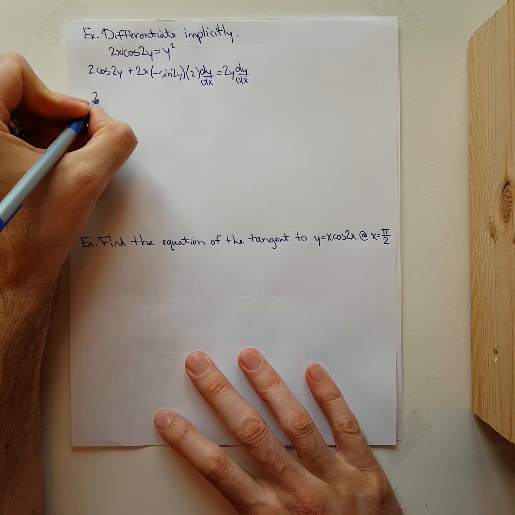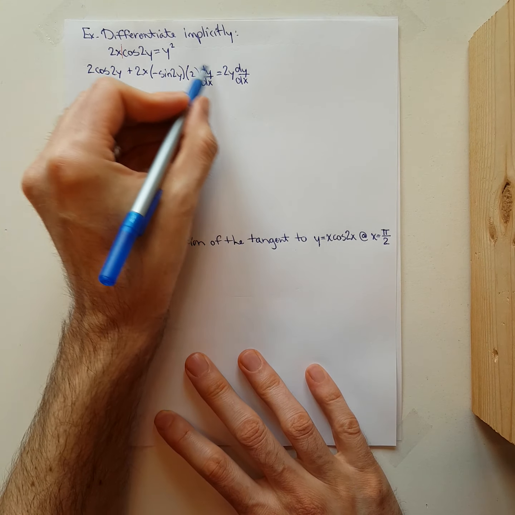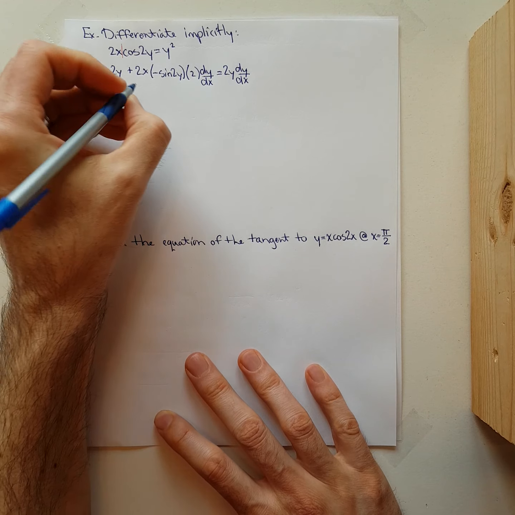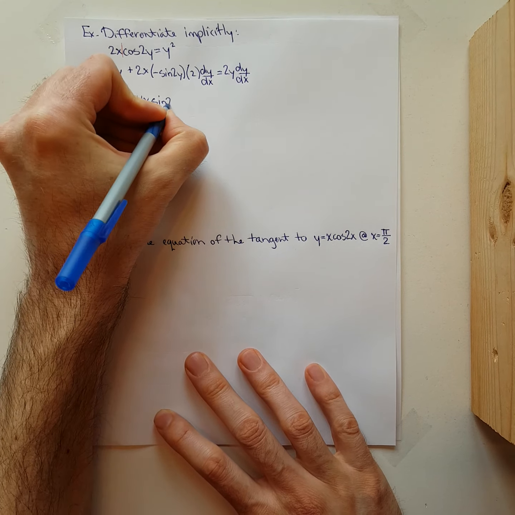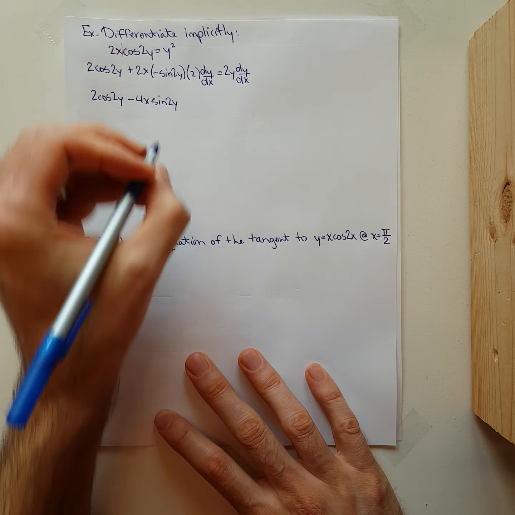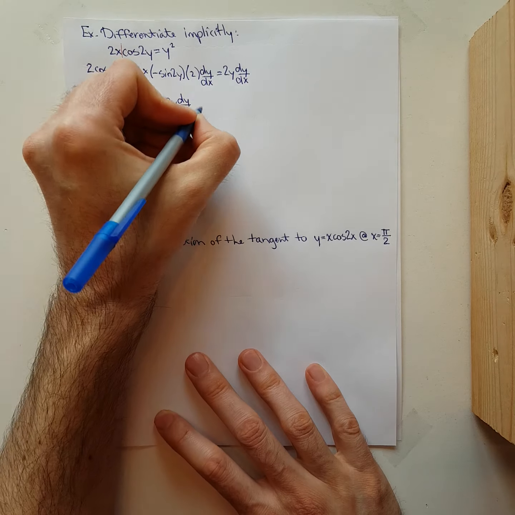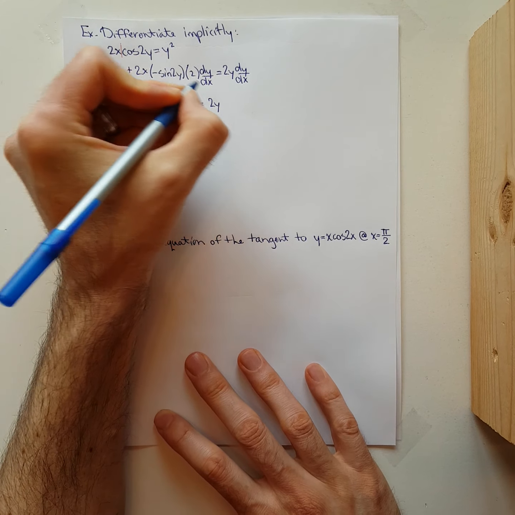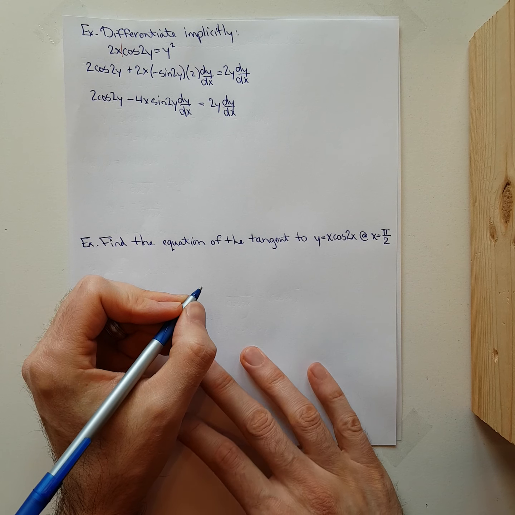I'm just going to clean up here a little bit. 2 cos 2y. This whole piece here then becomes minus 4x sine 2y dy by dx, and equals 2y dy by dx.